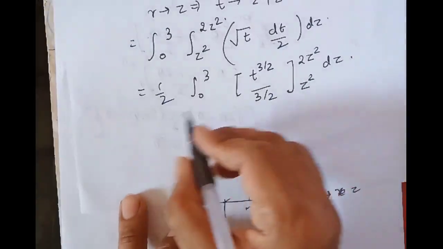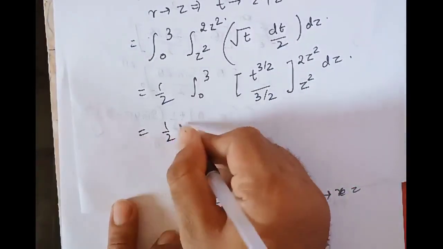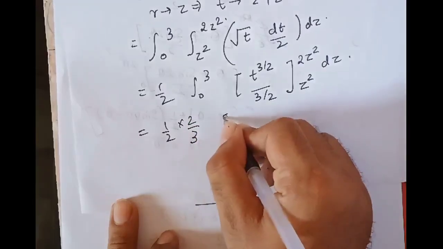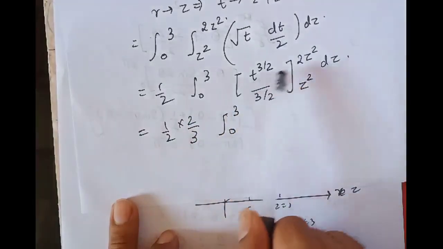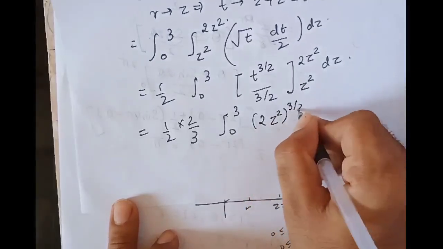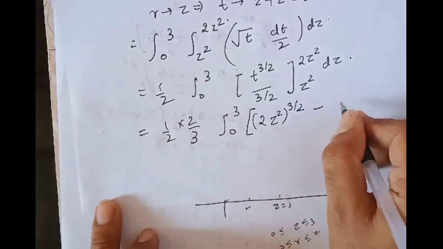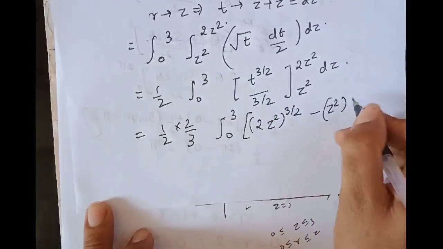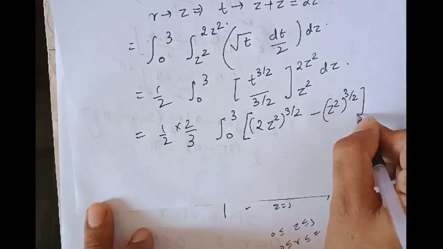So this is half into 2 by 3, and integration 0 to 3, upper limit minus lower limit: 2z square raised to 3 by 2 minus z square raised to 3 by 2, dz.